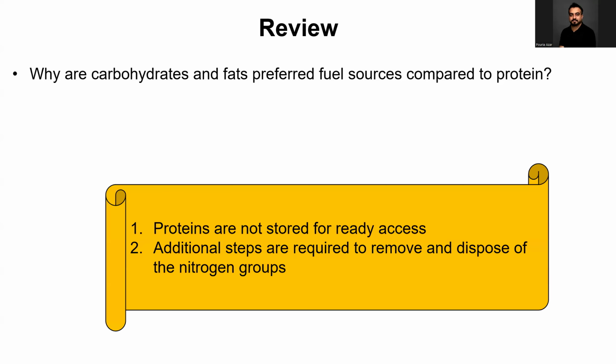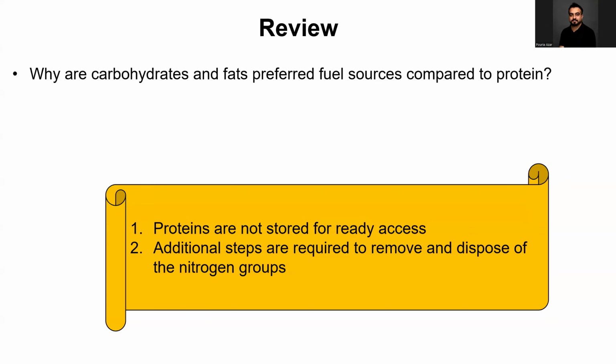First, proteins are not stored for ready access, so we don't store proteins. We store carbohydrates as glycogen and fats as triglycerides, but we do not store proteins. So that's one reason why our cells prefer carbohydrates and fats for fuel sources.